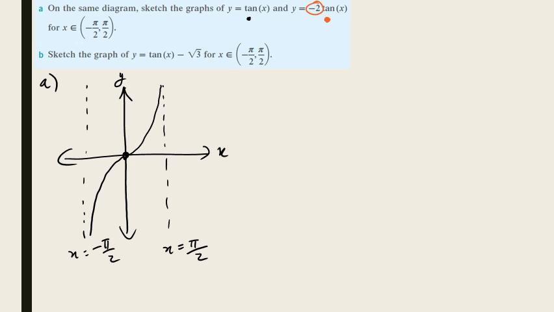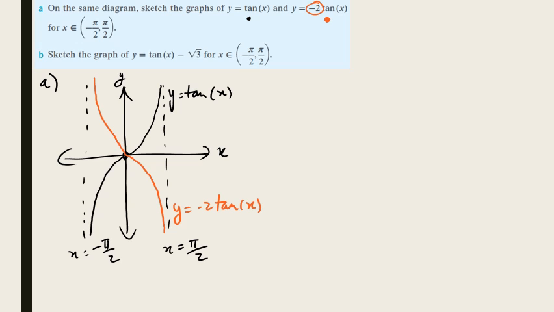It rises up quicker, so it'll go up like that, and like that. So the black one is y equals tan of x, and the orange one is y equals negative 2 tan of x.